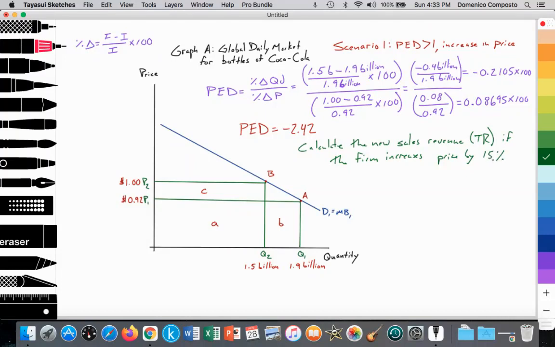What would happen to total revenue? Well, we're going to have to calculate the new price, and we're going to start with P1. P1 will be our starting point.